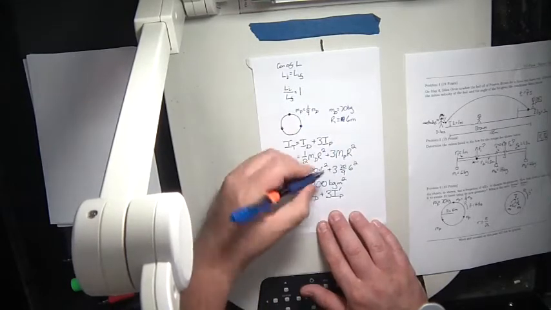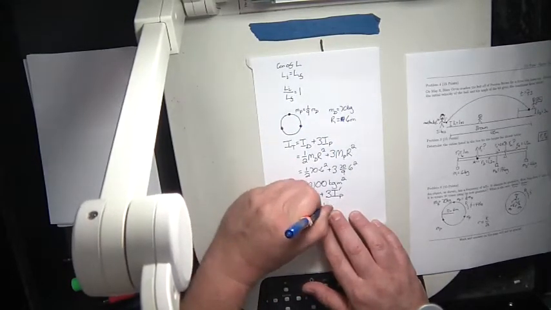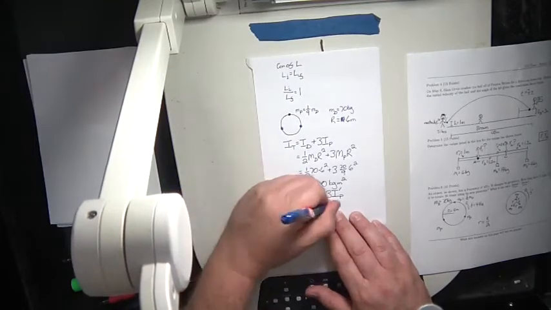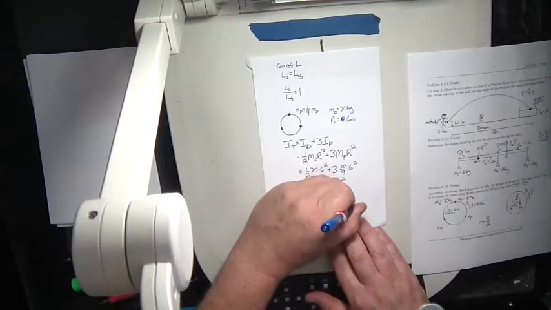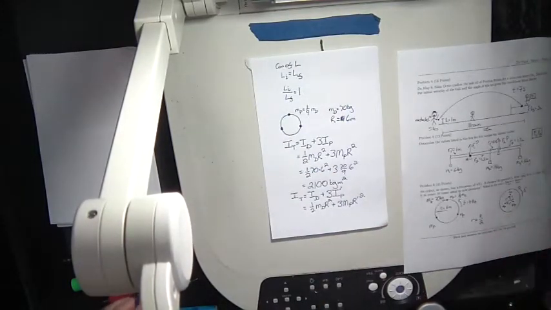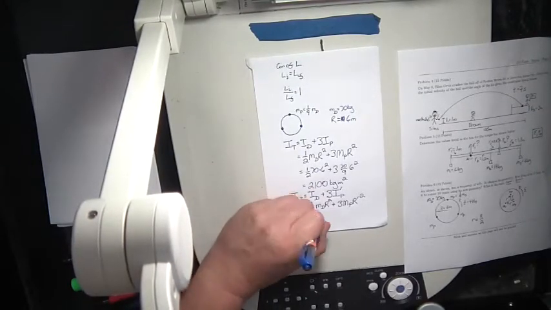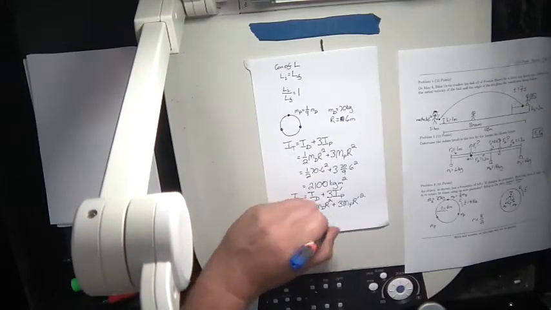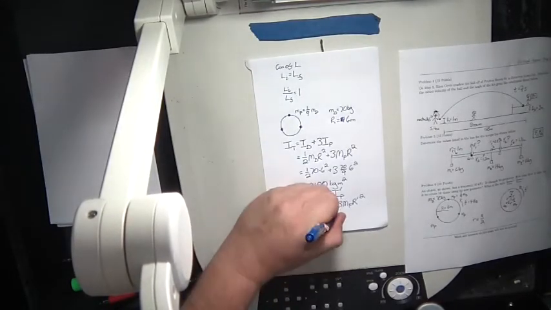The old moment of inertia, well, let's just write this out. 1/2 m_d r squared plus 3 m_point r prime squared. The new radius is 1/2 of the old. So 1/2, 70. The disk does not change, so that's still 6.